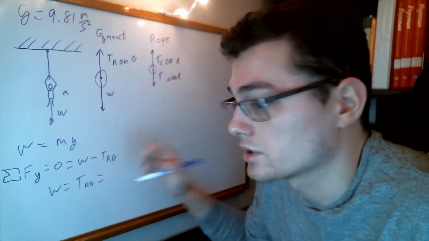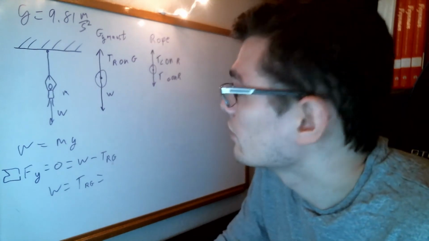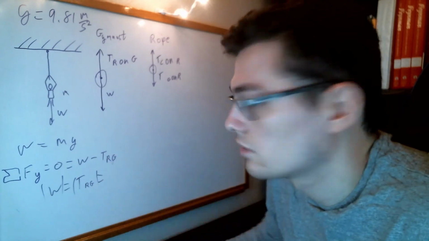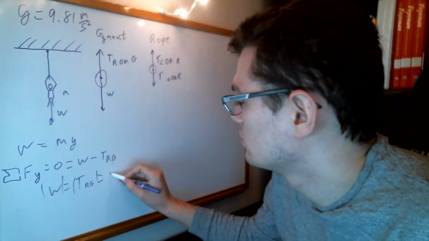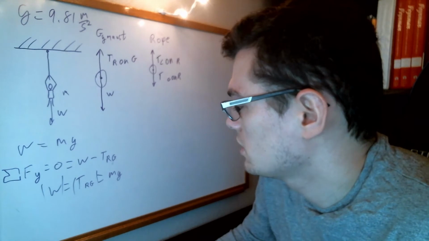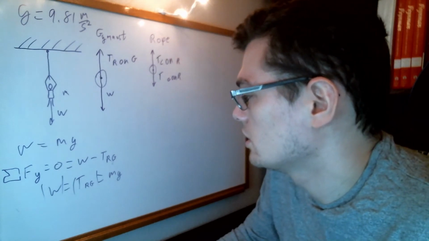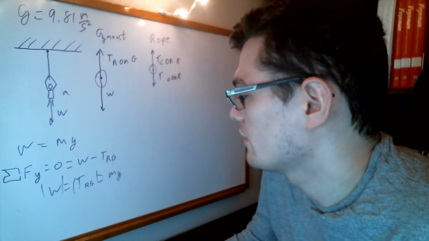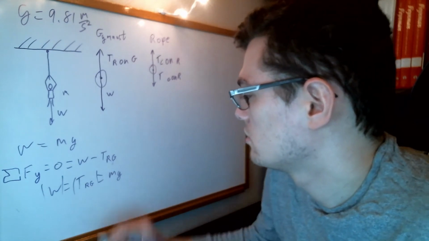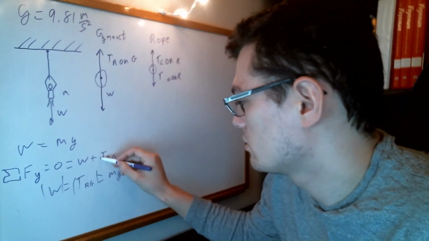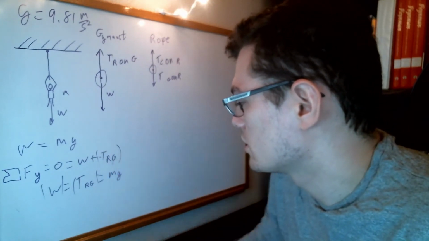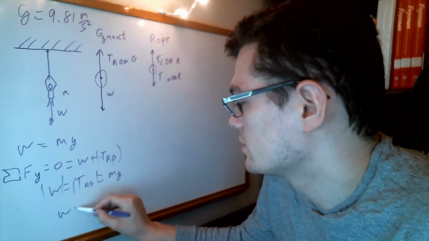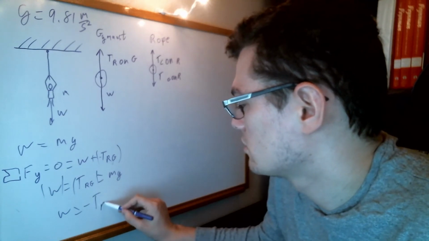This is just going to be the magnitude then. We know that this is pointing in the opposite direction, but the magnitude here is going to be equal to mg. But we know that these are going to be opposite of each other, because they have to equal. So we know that W is going to be equal to negative TRG.